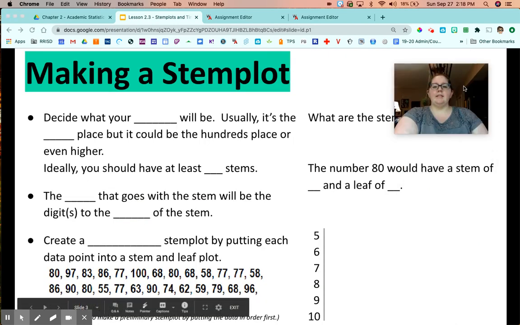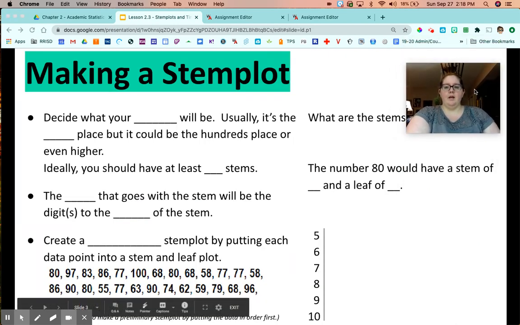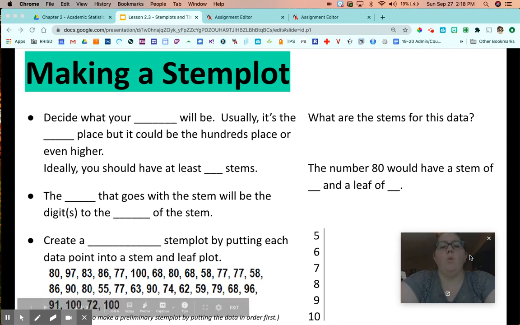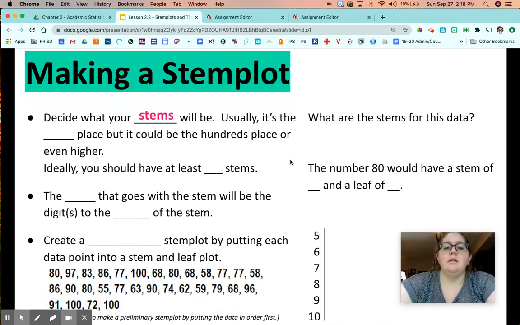So we're going to create a stem plot or stem and leaf plot. We're going to start by deciding what our stems will be. So usually your stems would be tens place numbers, but it could be hundreds place or even higher if your data has really wide set values.